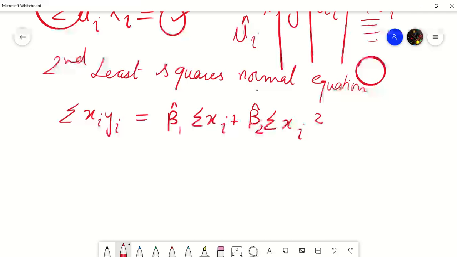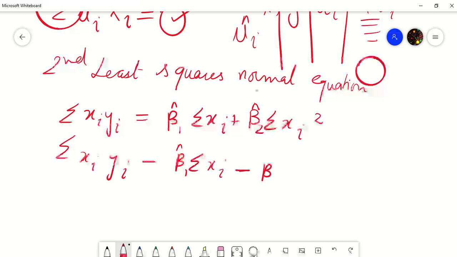If I take all these terms to the left hand side, then summation xi yi minus beta 1 hat summation xi minus beta 2 hat summation xi square equals 0.